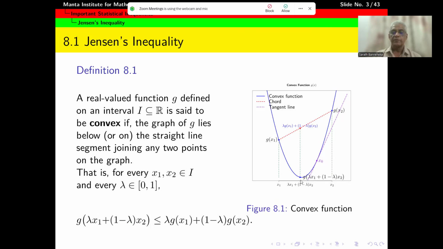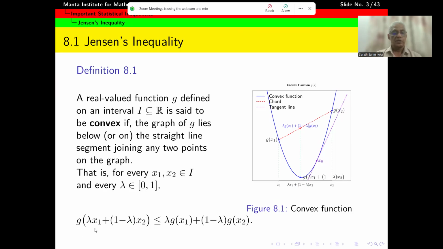And the corresponding x value is equal to, again, with the same lambda, lambda x1 plus 1 minus lambda x2. The point on the graph at that x value will be g of lambda x1 plus 1 minus lambda x2. So if the function is convex, then this point here will be always above the corresponding point on the graph. In other words, the point on the graph will be less than or equal to the point on the line segment. So that's what this says.